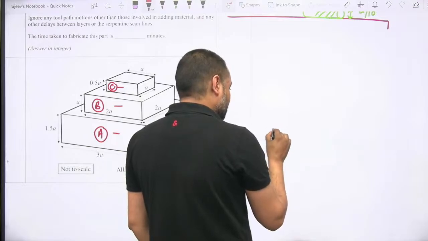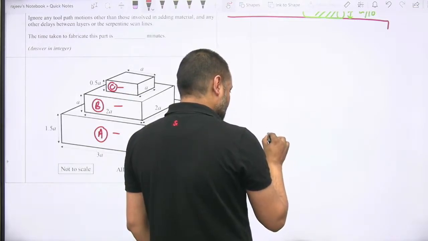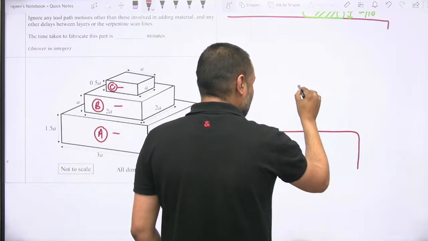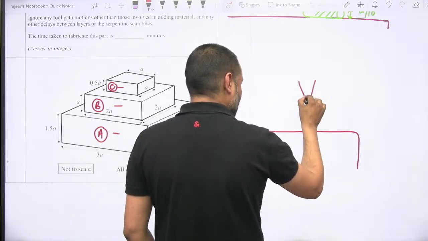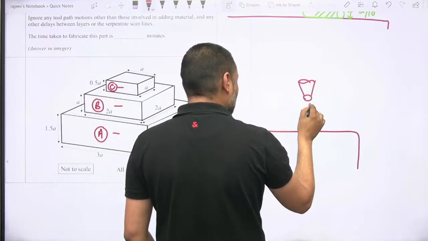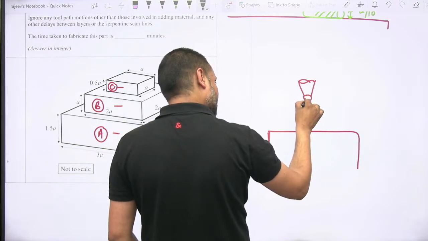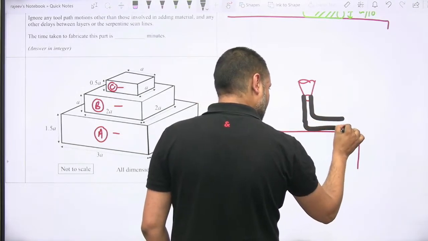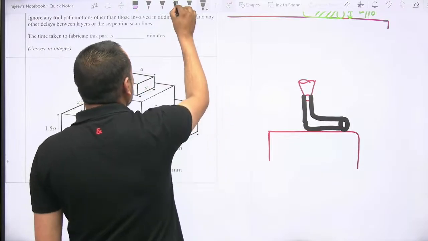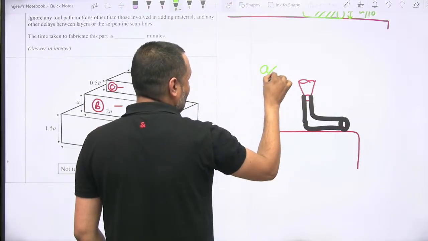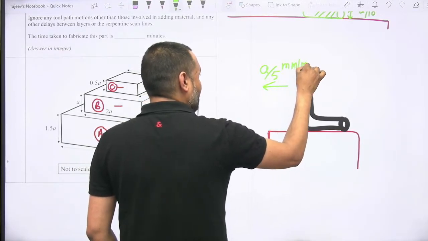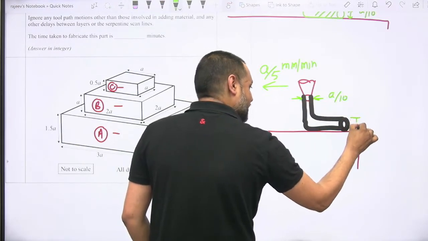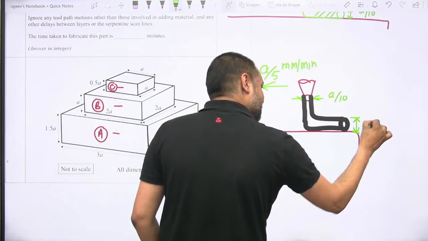Observe. It will be like the nozzle here moving and depositing this material, and it is moving in this direction at A by 5 millimeter per minute, and since its diameter is A by 10, the thickness that it will deposit will be A by 10.